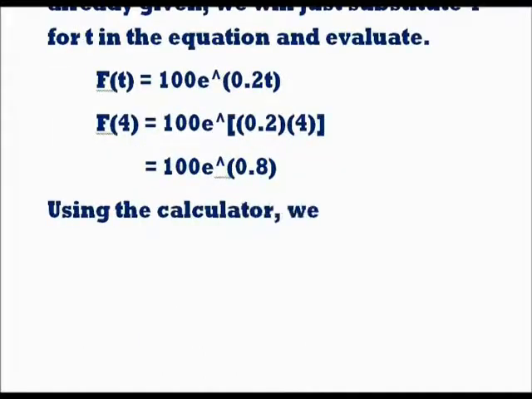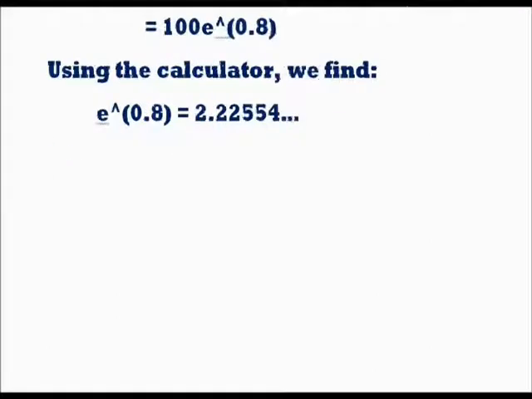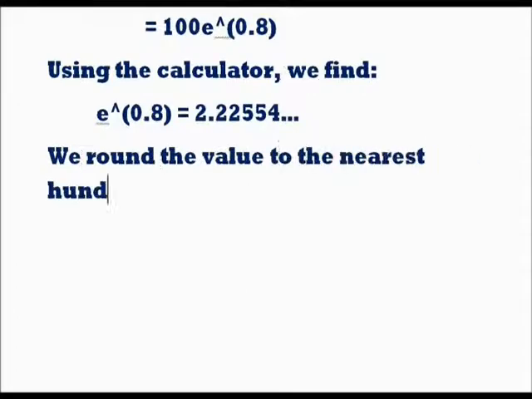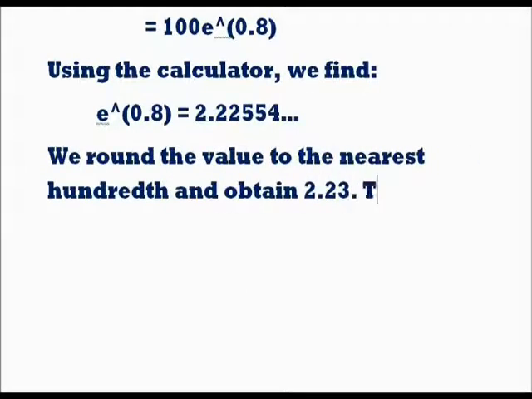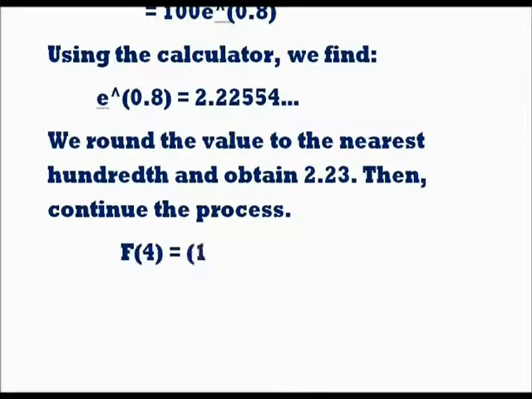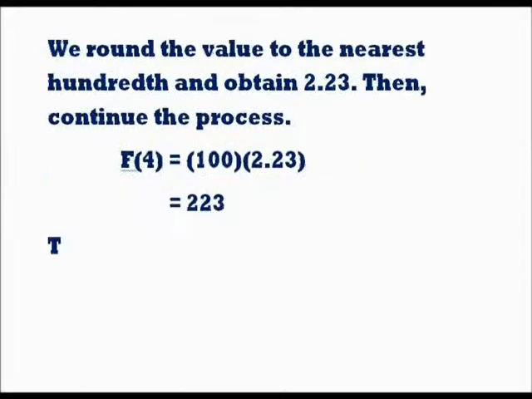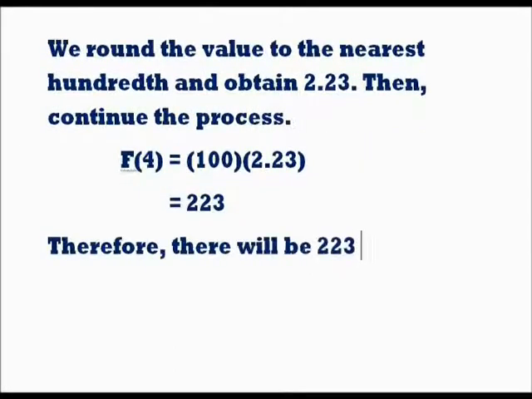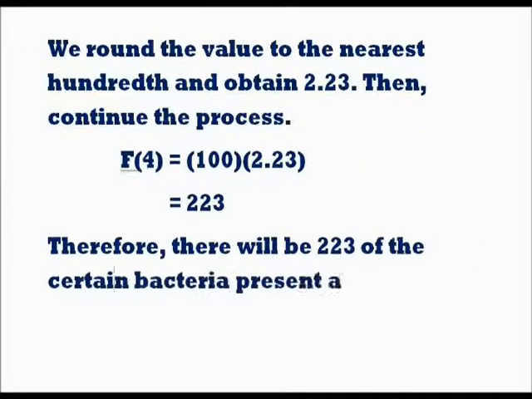Using the calculator, we find the value, and we round it to the nearest hundredth and obtain 2.23, then continue the process. Therefore, there will be 223 of the certain bacteria present after 4 hours.